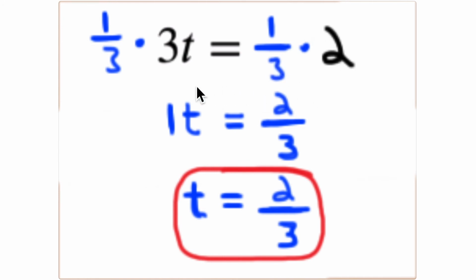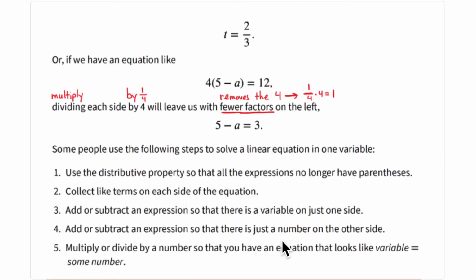So just a different way of looking at it. You get the same answer, but it's a deeper understanding if you think of it as 1/3 of this term is equal to 1/3 of this term. And so at the end, you get t equals 2/3. So here it is right here, t equals 2/3.